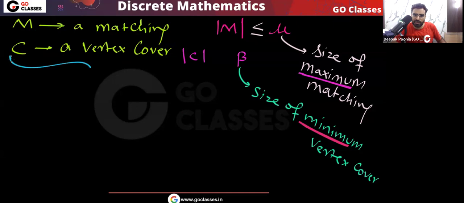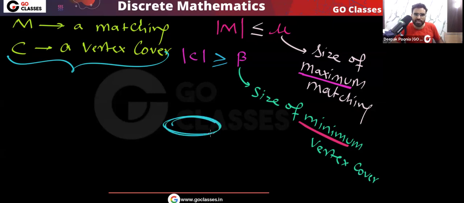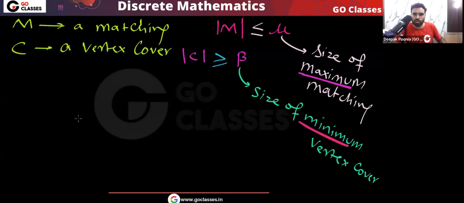I don't know whether it is minimum vertex cover or not, it may be minimum, it may not be. But the smallest vertex cover definitely will have size less than equal to the size of C. Common sense. Yes or no?